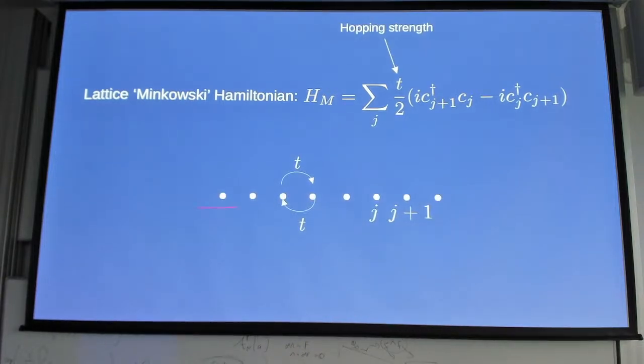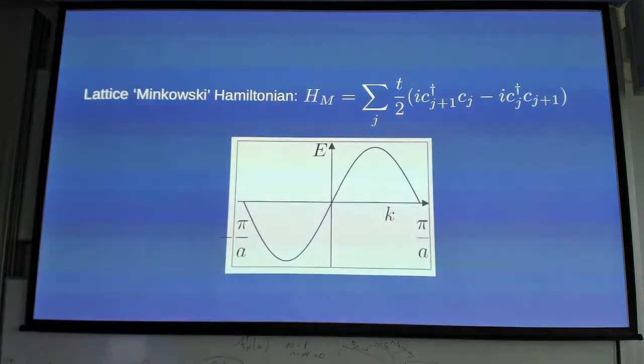It's just fermions hopping on a 1D chain indexed by this integer j. And so they're hopping back and forth with this hopping strength t, and I also added these hopping phases i and minus i. That's just to have a single particle dispersion, which is a sine, where I have this zero energy mode at zero momentum. It's not crucial, it's just useful, I think.